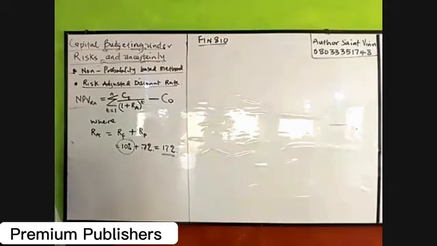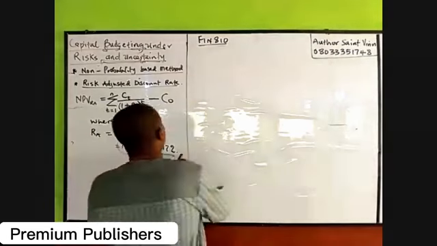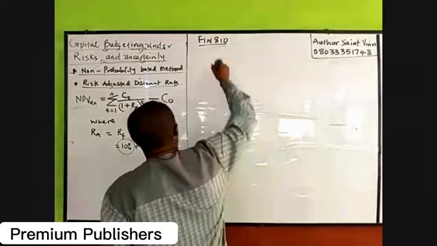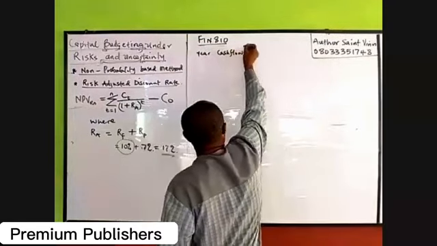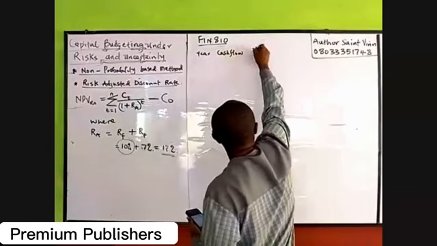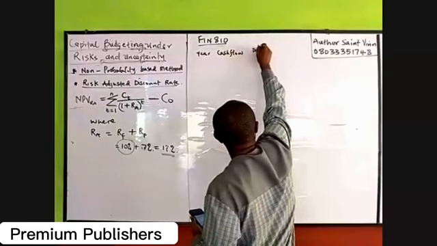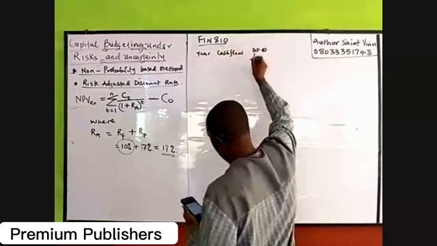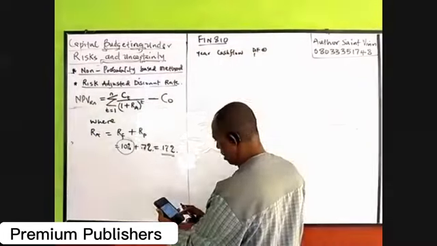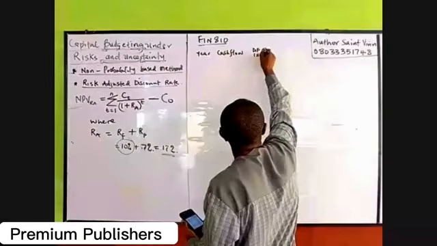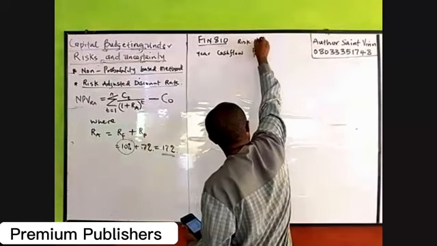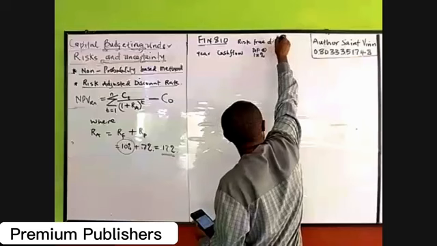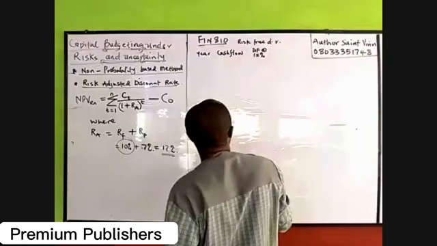Period. Now, we have here cash flow, discount factor at how many percent? At 12%. We are looking at the risk free discount rate.